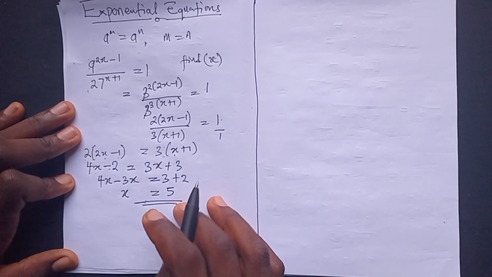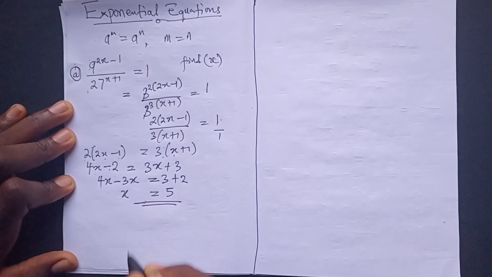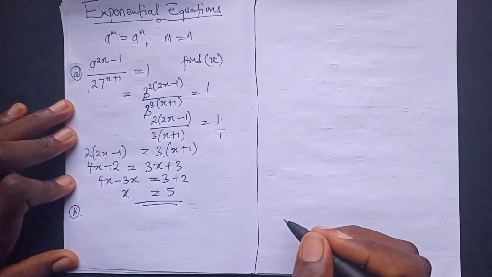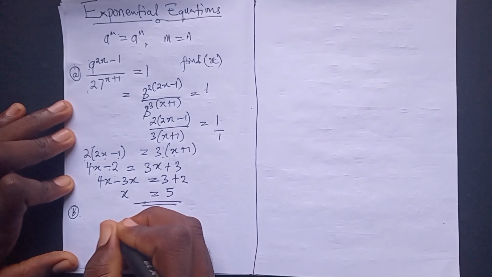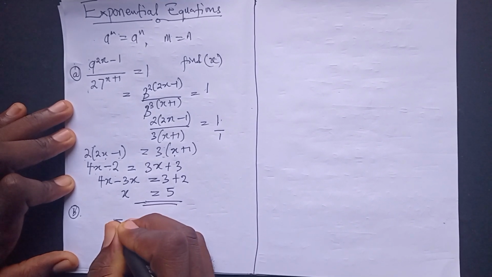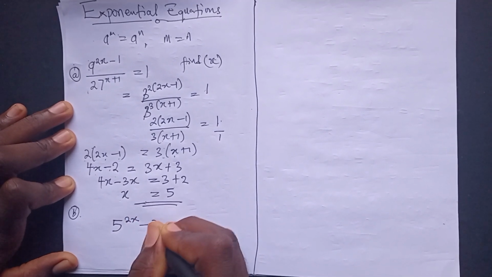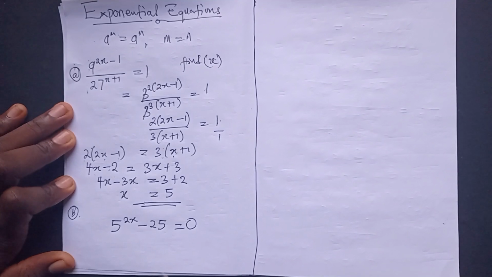This other problem says, let's call this B, 5 raised to power 2x minus 25 is equal to 0. This is very simple.